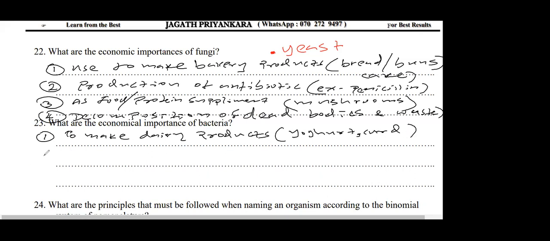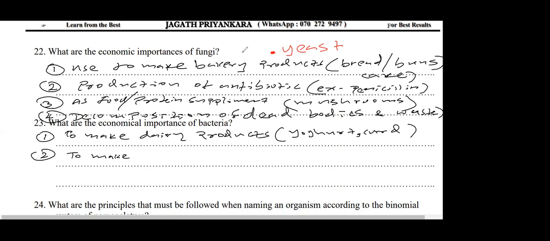They use fungus to make Marmite. Wait, not Marmite. Marmite comes under fungus, sorry. Marmite you can write under fungus, not bacteria. Bacteria are used to make vinegar. Not alcohol, sorry, vinegar. Can you write alcohol and Marmite under fungus?